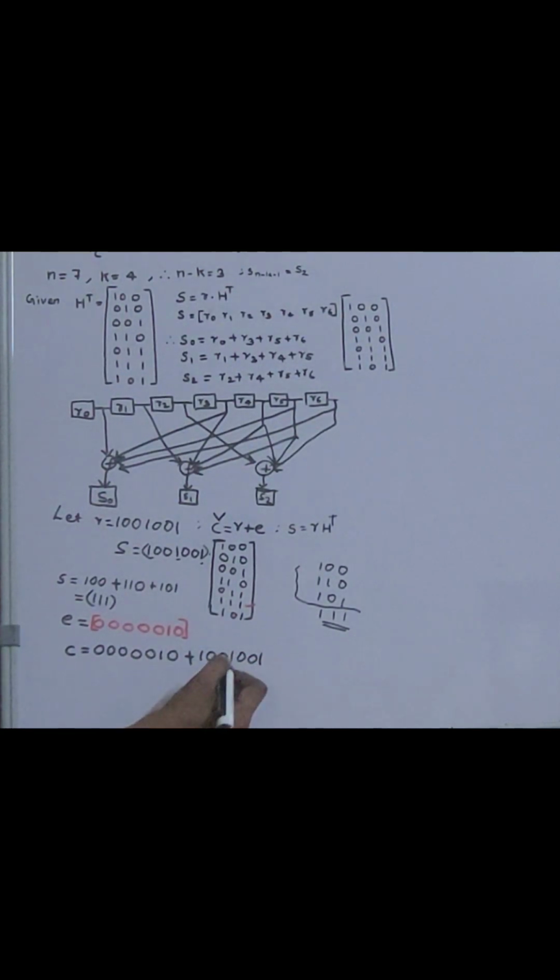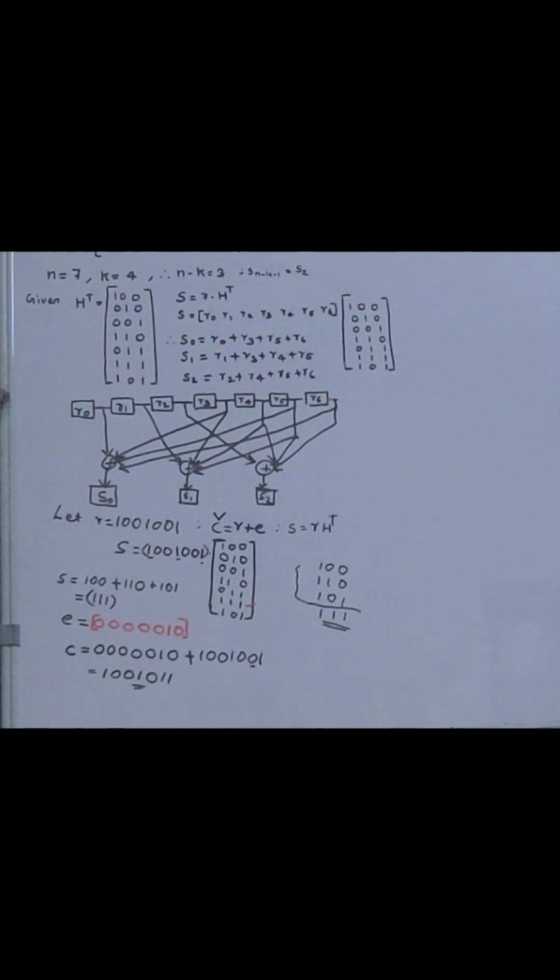So these are all okay; the second last bit has the error. The output will be 1 0 0 1 0 1 1. So this is the transmitted code word 1 0 0 1 0 1 1. So this is how we calculate the code word from the syndrome.